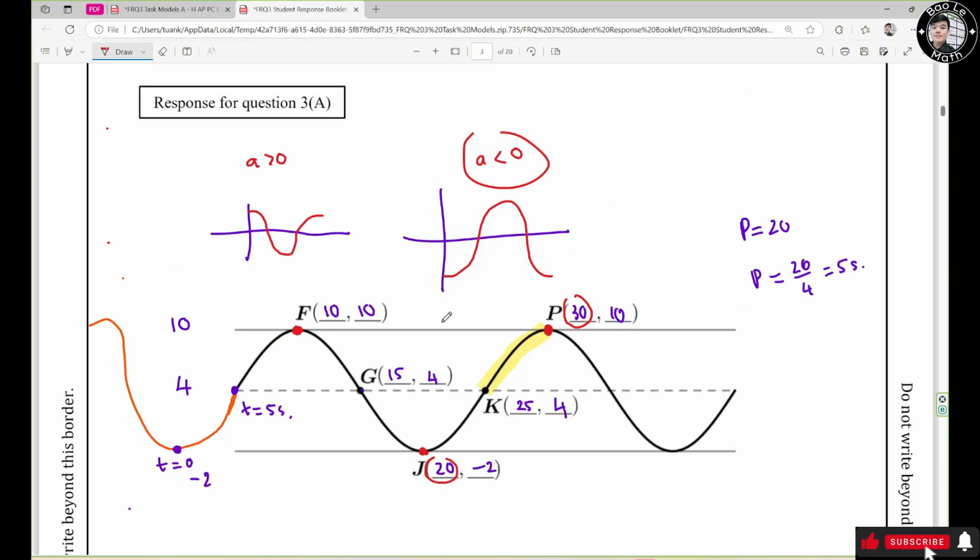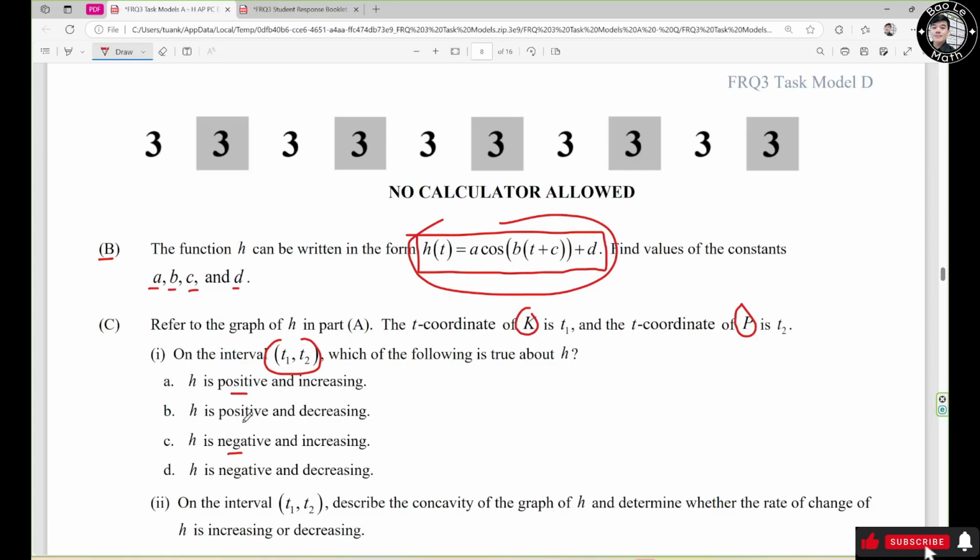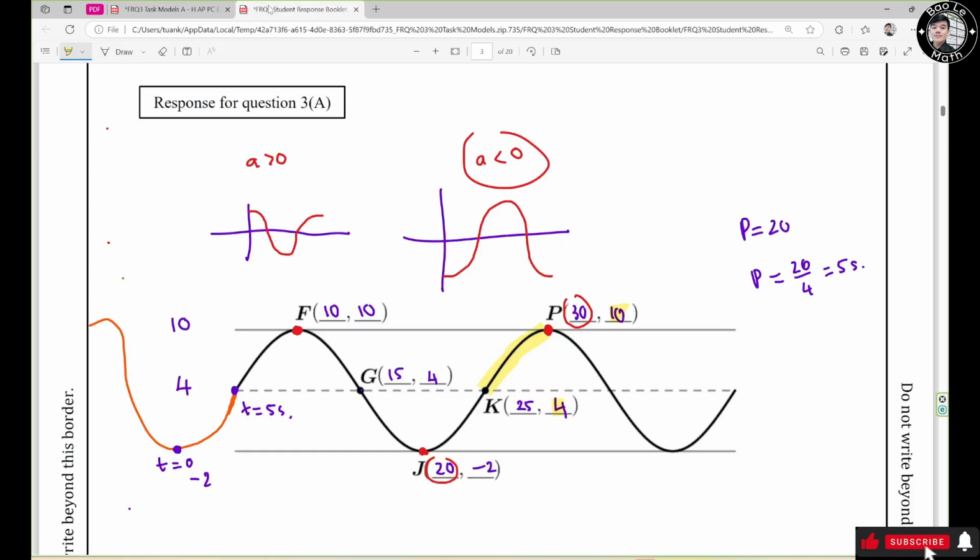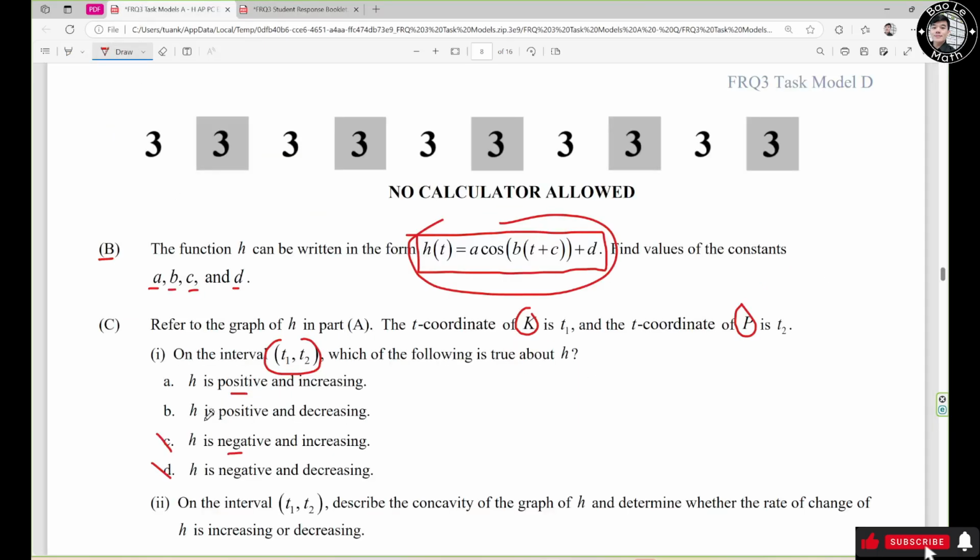So we look at the y-coordinate. The y-coordinate right here is going to be 10 and 4. So the function is positive, right? So we need to eliminate C and D. Now, since the function is going up, so it should be increasing, right? So the answer must be A.